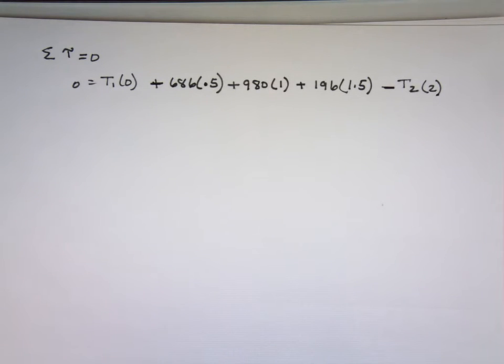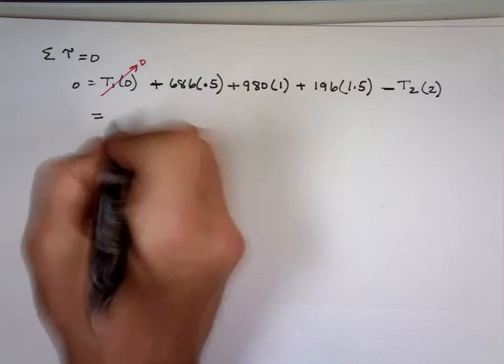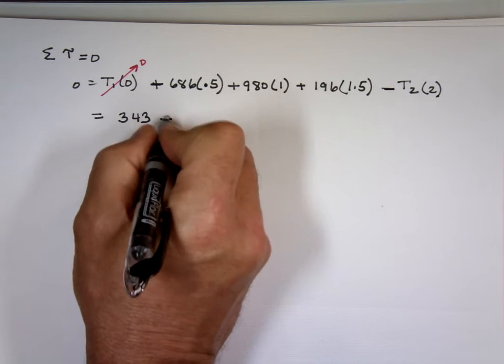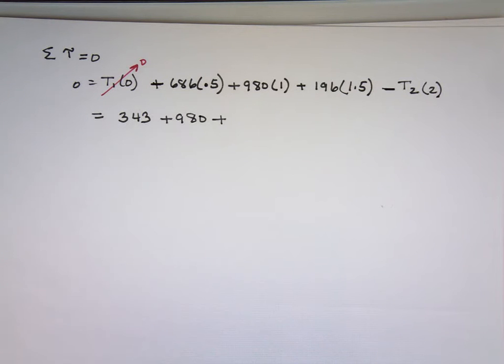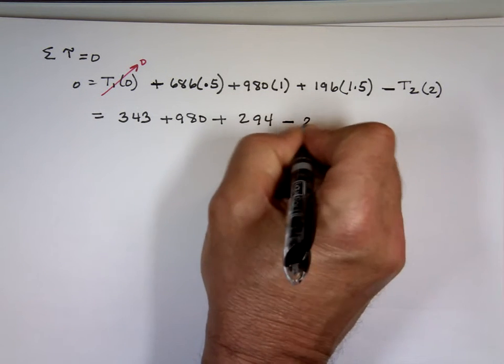So how many unknowns do you see there? Only 1. This is gone. 686 times a half, that's 343, plus 980, plus 294, minus 2T2 is equal to 0.